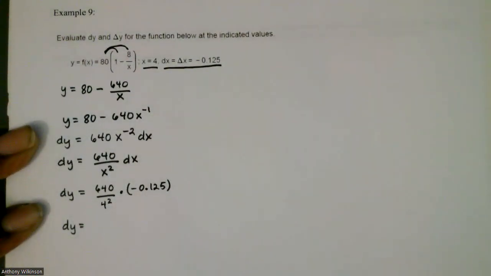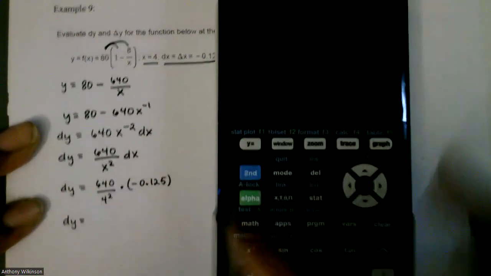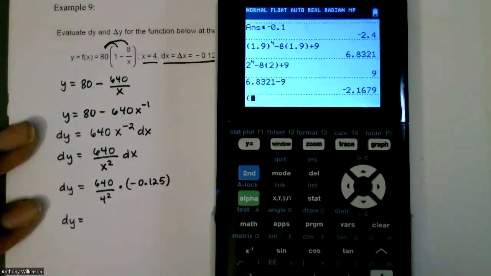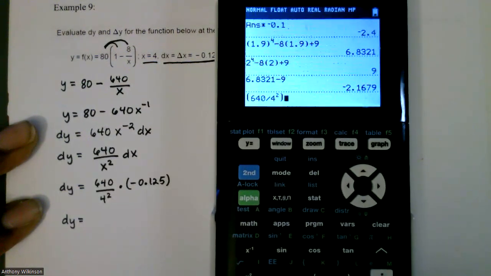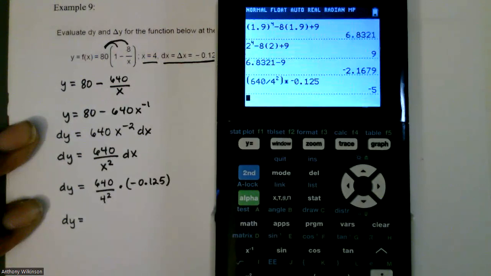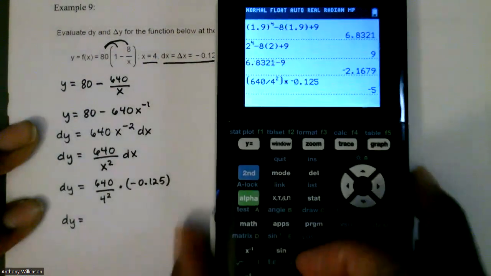So dy then would be equal to this. Using the calculator, I have 640 divided by 4 squared. Then that's going to be multiplied by negative 0.125. That ends up being negative 5. So dy then would be negative 5.